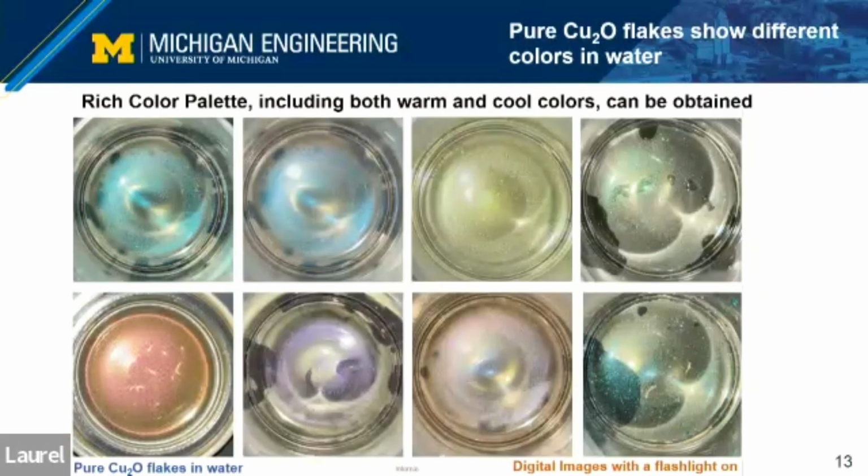You need to add extra stuff like iron oxide. But here, just using one material, we're able to achieve both warm and cool colors, and their colors are pretty great.